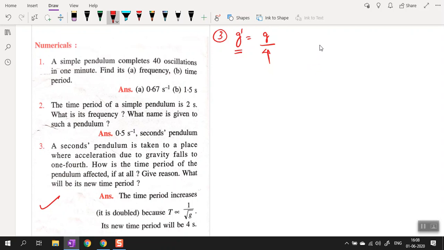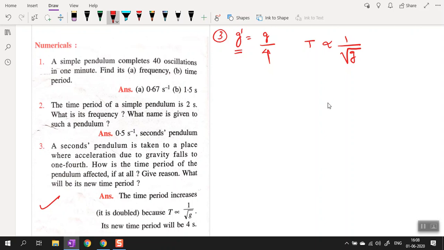Okay, please remember that time period is inversely proportional to the square root of g, right? So if the acceleration due to gravity decreases, the time period increases. Now here the acceleration due to gravity decreases to 1/4.